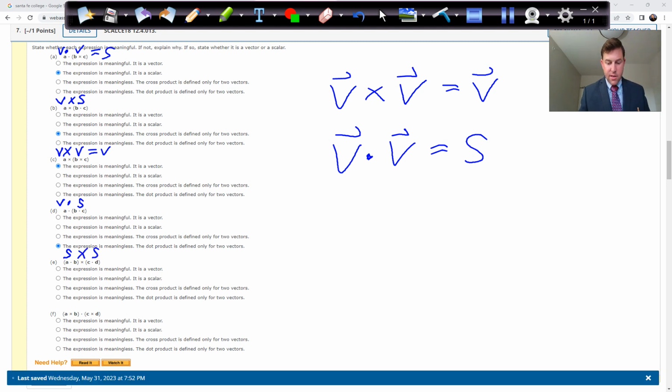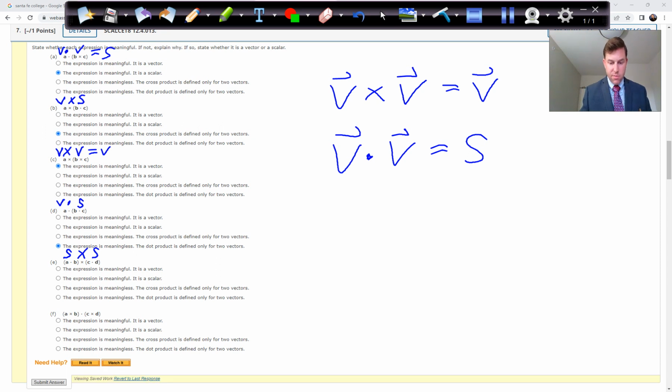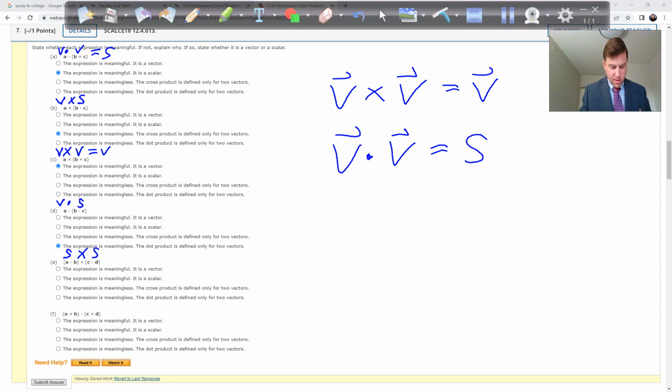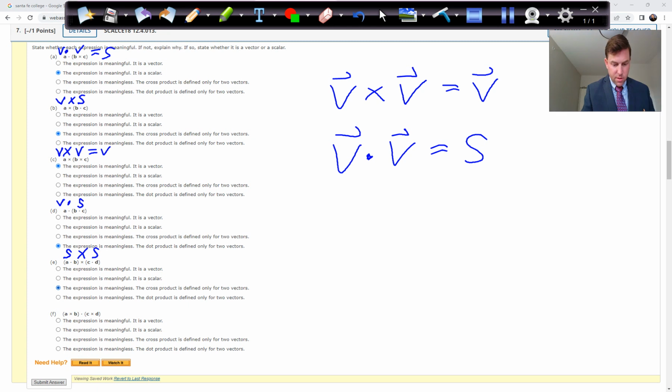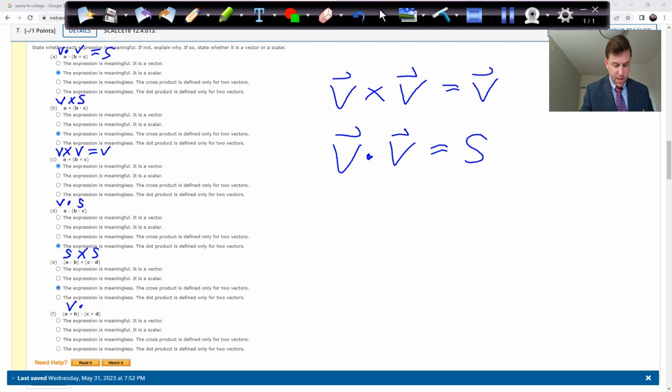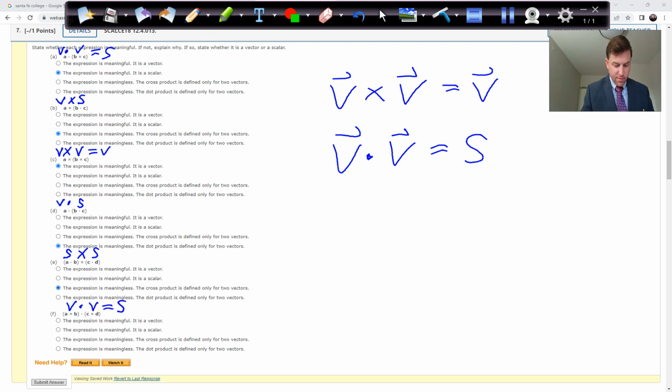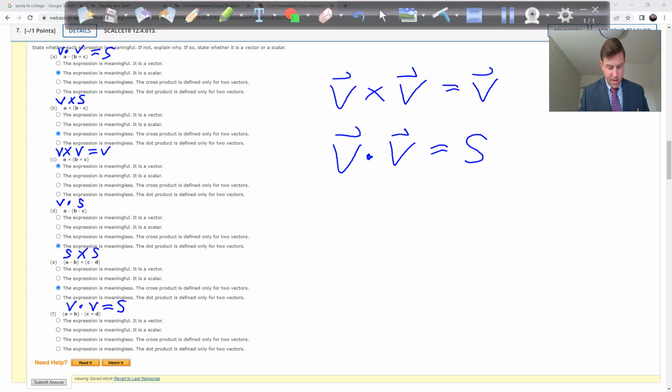Well, the cross product is only defined for vectors. So this one is meaningless because the cross product is only defined for two vectors. Last one, a cross b will give you a vector. You're dotting it with c cross d, which is going to give you a vector. That has meaning. It will provide a scalar. So this will have meaning, and the answer is a scalar.